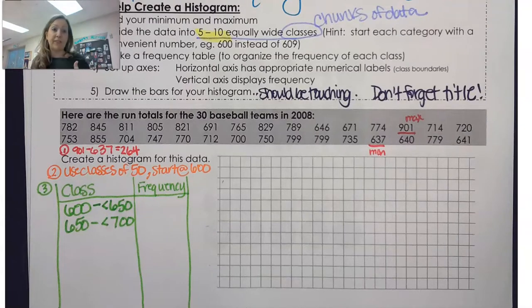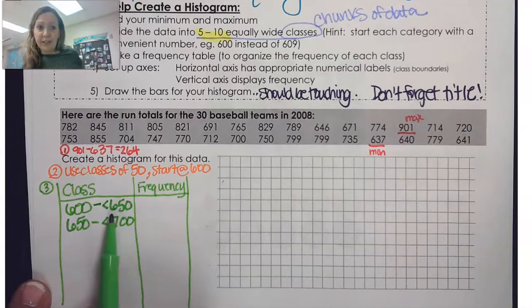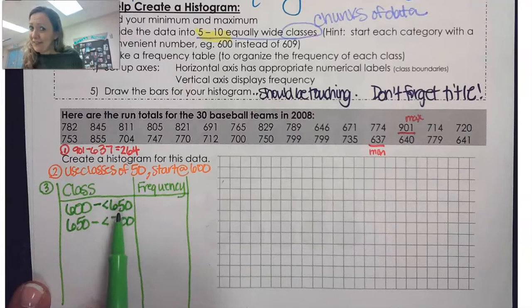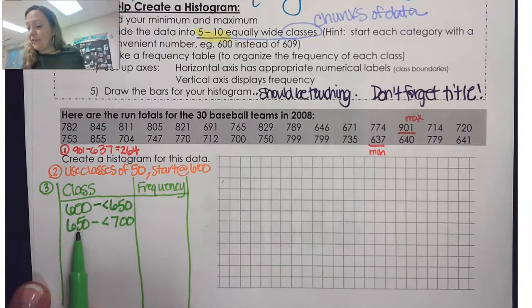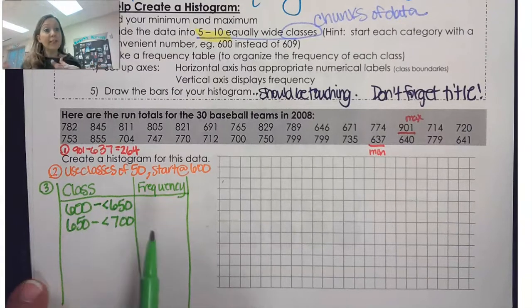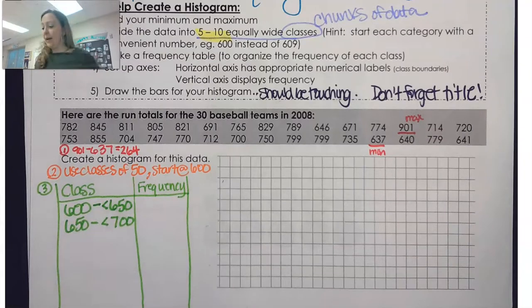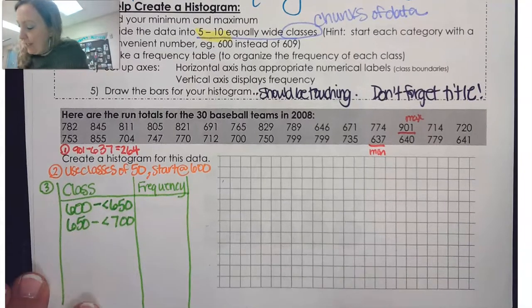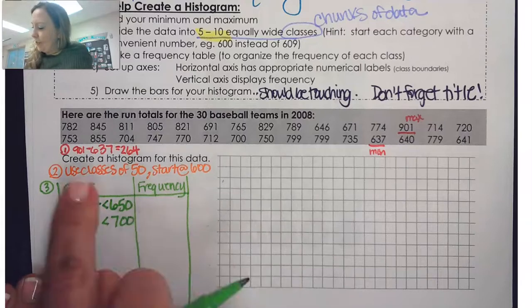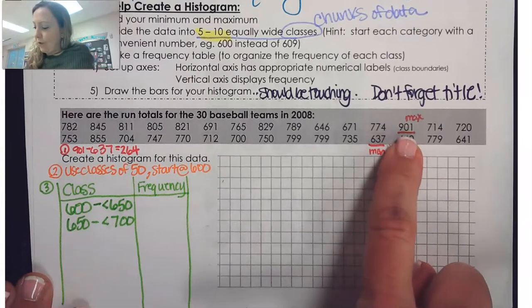Now if I got 650, I know I couldn't put it here because 650 is not less than 650, but 650 is 650, so I'd put it here. So that's kind of like a little fix. And so we can do that until we make sure we encompass the maximum, which was 901.